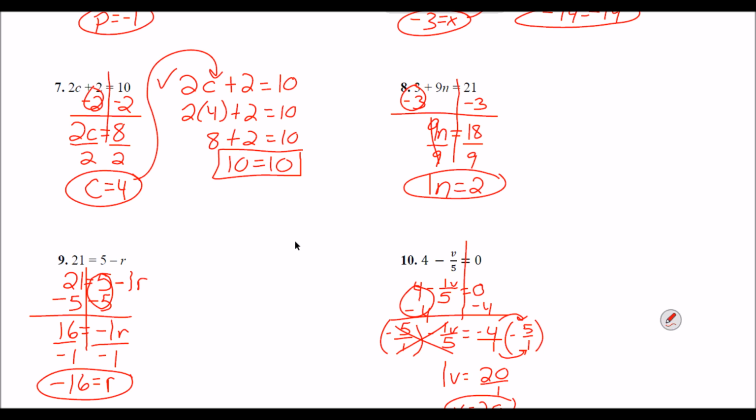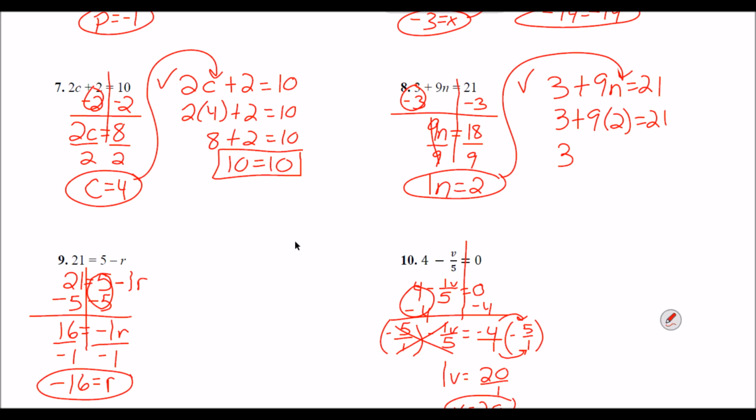Okay, number 8, we have 3 plus 9n equals 21, and we're replacing n with 2, so it's 3 plus 9 times 2 equals 21. Our multiplication comes first, so the 3 drops down, 9 times 2 is 18, and 3 plus 18 is 21, and the left and right side, again, equal each other.